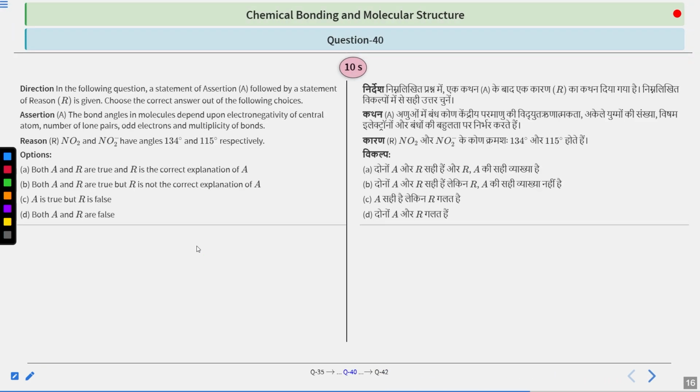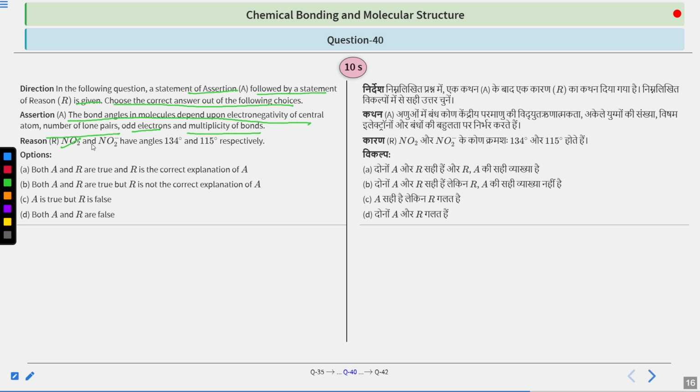Question number 40 says: direction in the following question, a statement of assertion A followed by a statement of reason R is given. Choose the correct answer out of the following choices. Assertion A: The bond angle in a molecule depends upon the electronegativity of the central atom, number of lone pairs, odd electron, and multiplicity of bonds.